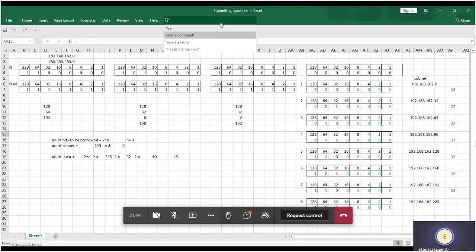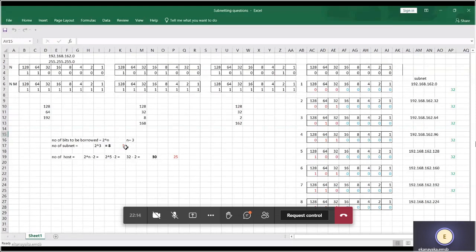So here you can see the IP address I have typed, and the net mask also. And I have got the number of subnets I can make here, 8, and the number of hosts for each subnet I have calculated here, right?